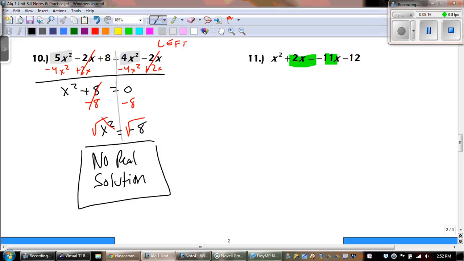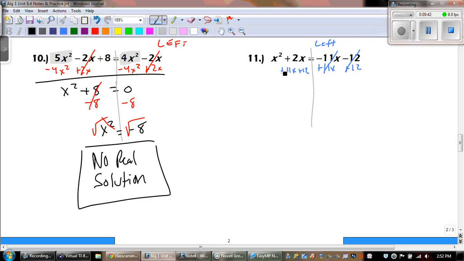All right, last one, number 11. My quadratic term, it's positive right now, so I'm going to move everything over to the left side, which means I have to add 11x, and then I have to add 12.